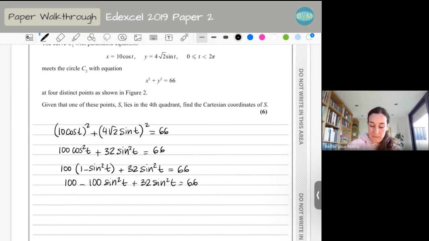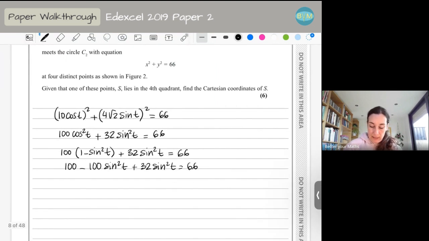So I'm going to put all my numbers on one side. 100 minus 66 is 34, no? And then I have 100 minus 32 is 68, no? Please, if I do something wrong, tell me. Which means that sine squared t, just dividing by 68 both sides, is 34 over 68, which is 1/2, yeah?